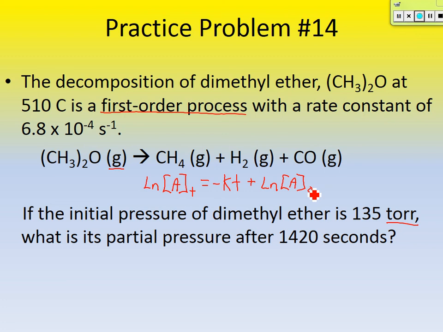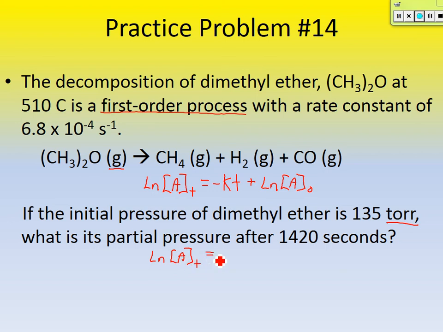Now let's substitute in our variables and solve what it would like us to solve for. Okay, the natural log of A finally, that's what we don't know. So I'm just going to keep calling it the natural log of A at some time.